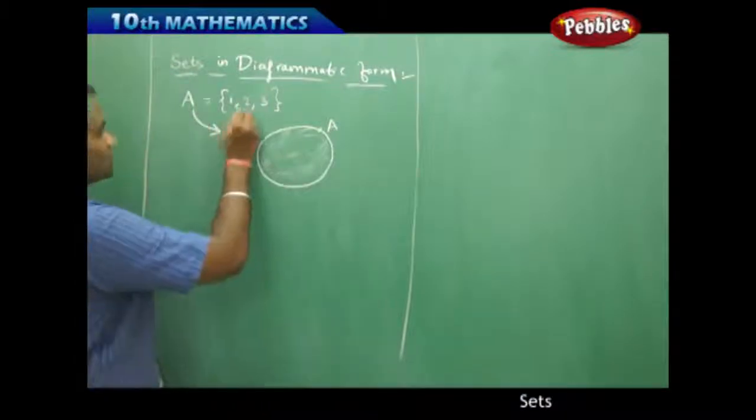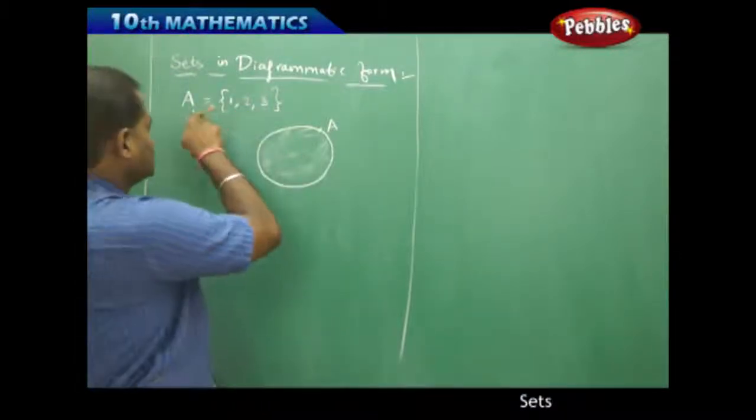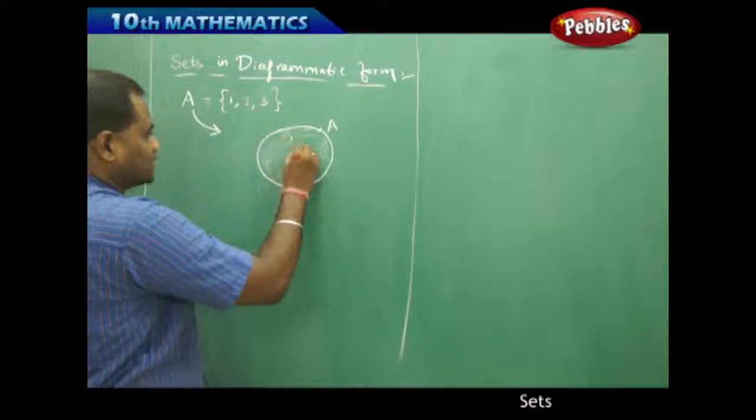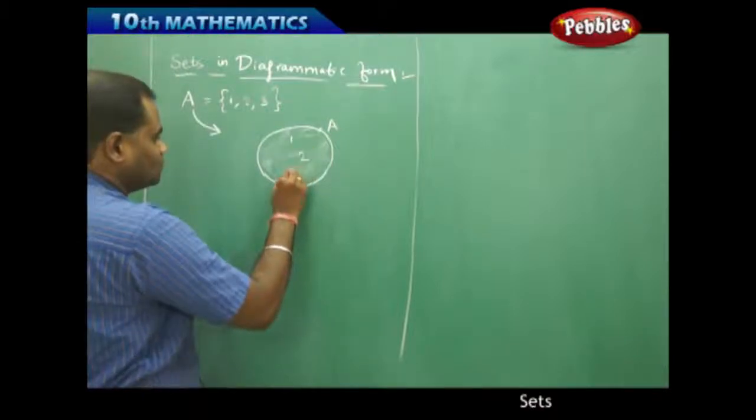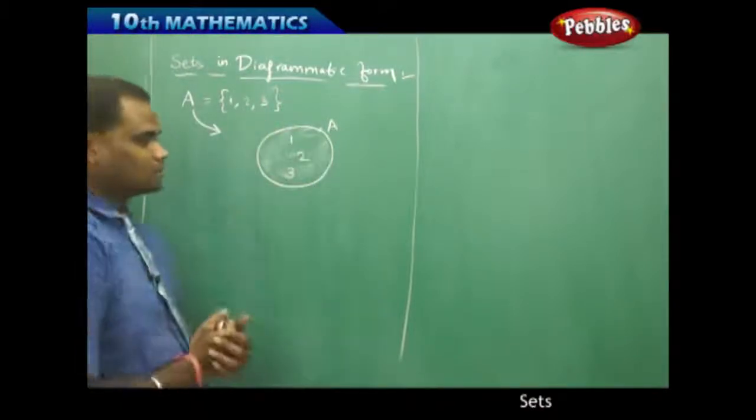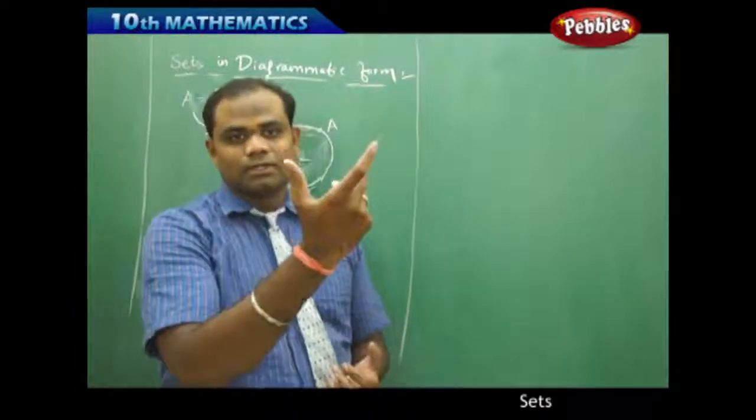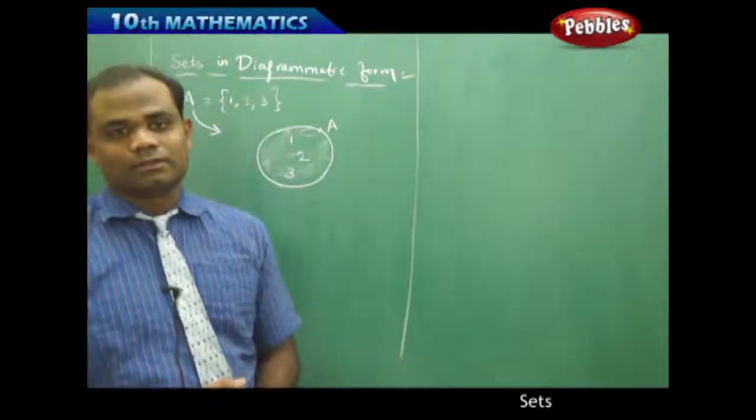So the elements 1, 2, 3, for example, taken here for the set A, will definitely lie inside the circle as 1, 2 and 3. But these elements do not cross the circumference of the circle.